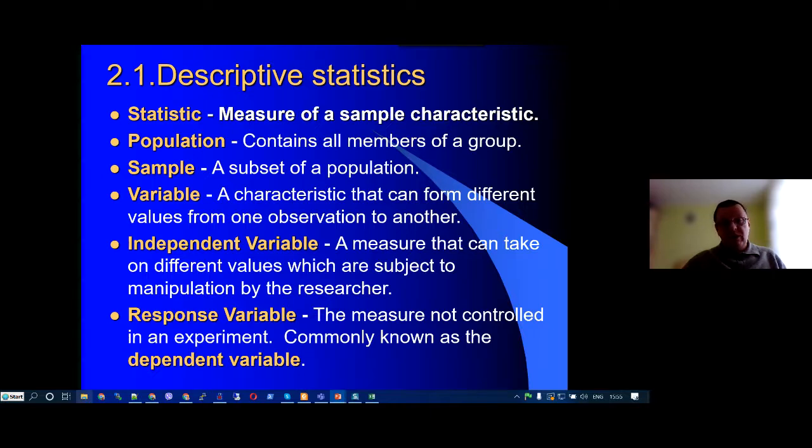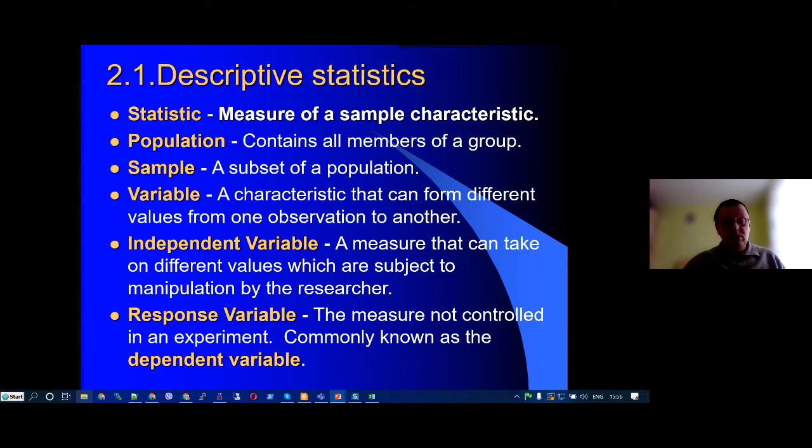Population contains all members of some group that is the objective of our study. For example, it could be our students in the university, or citizens of some country, or even the whole population of our planet.